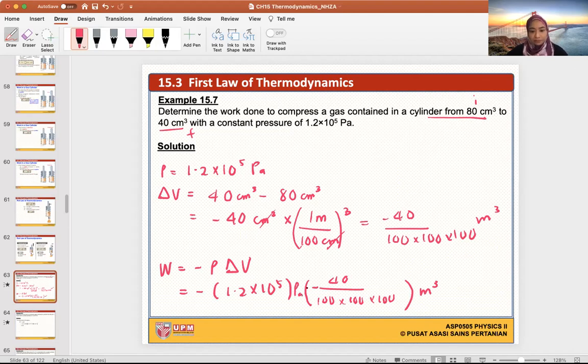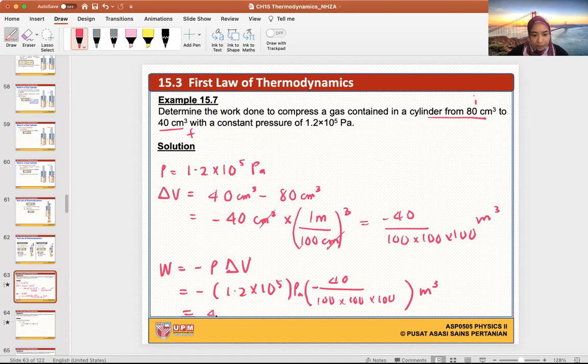It says Pa. Okay, so I will use my calculator, because I'm feeling diligent today: 1.2 times 10 to the 5, times 40 divided by 100, divided by 100, divided by 100. Hopefully I get the same answer as the back.